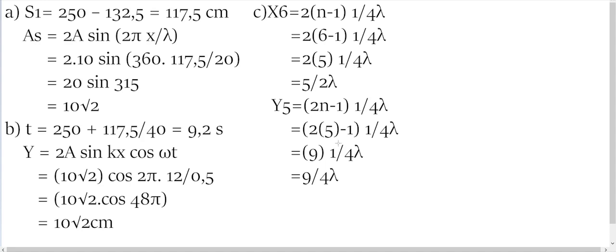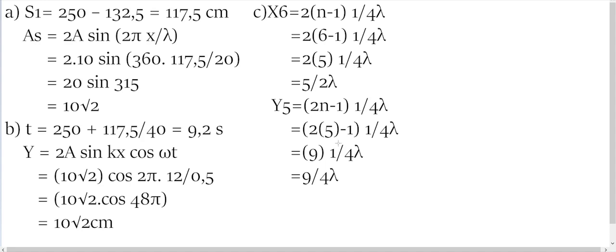But in these conditions, we have pi and lambda here, so we change the formula to As equals 2a times sin 2 pi times x per lambda. So we just put in the numbers here, which is 2 times 10 times sin 360 times 117.5 per 20, and it equals 20 times sin 315, which equals 10 root 2.